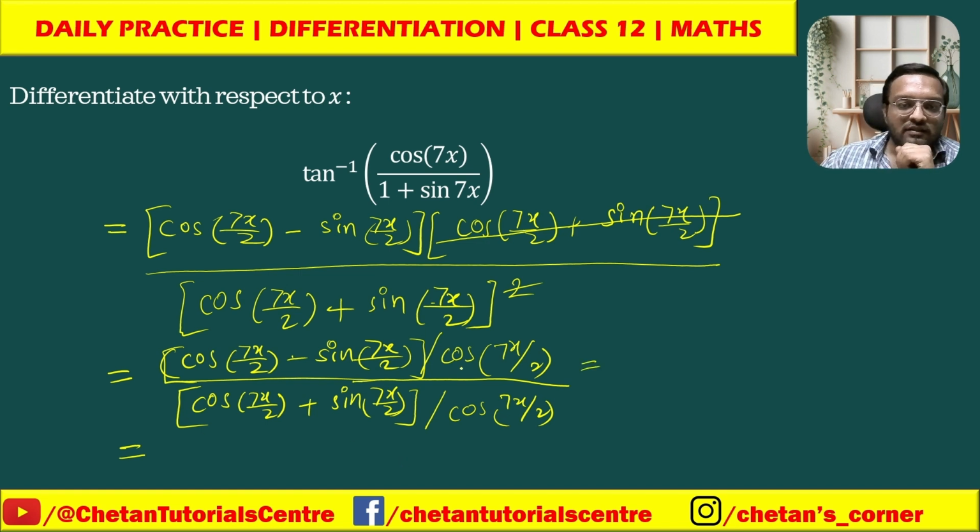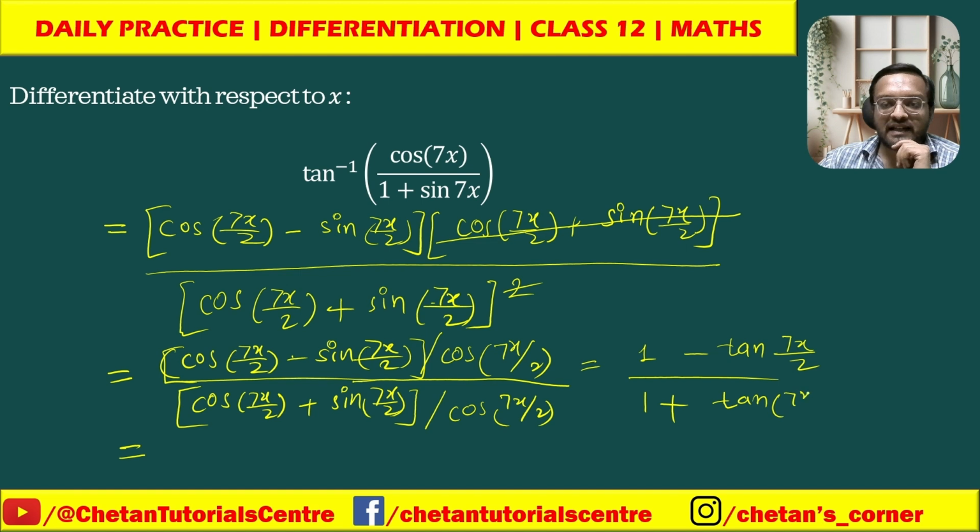Then this cos and this cos will get cancelled and I will be left with 1 minus this sin 7x upon 2 divided by cos 7x upon 2 will get converted into minus tan 7x upon 2, divided by. Similarly, in denominator this cos 7x upon 2 and this cos 7x upon 2 will get cancelled and I will be left with 1. This sin 7x upon 2 and cos 7x upon 2 will get converted into tan 7x upon 2.